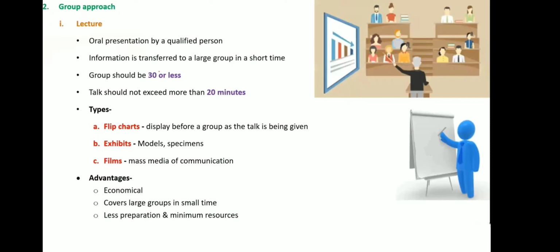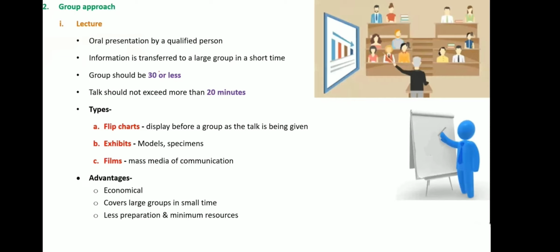We know in group we go to the museums and exhibitions which are kept in our universities, and we divide the members of the class into groups, and we send them to observe the specimens, objects, models, and demonstrations are made and taught to them. Next we have films. Films and charts are used to educate the small groups, and it is a mass media of communication.